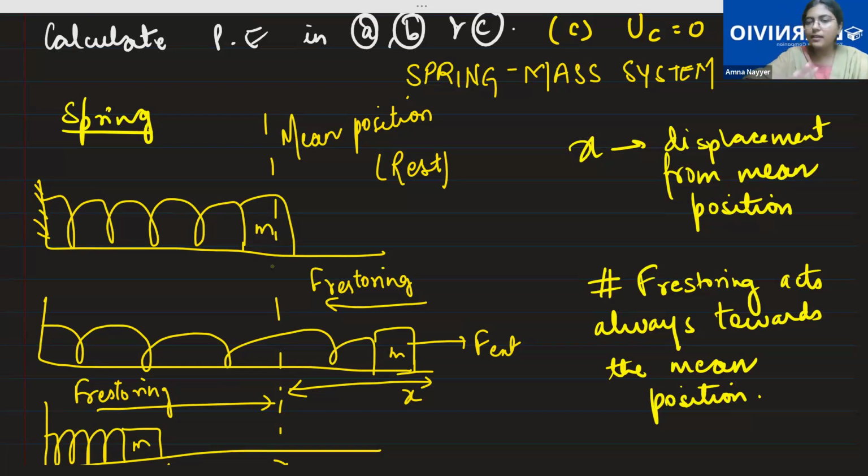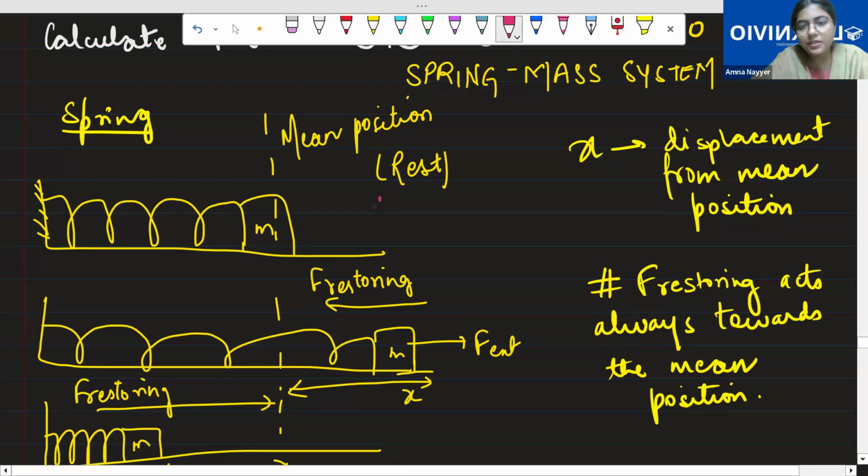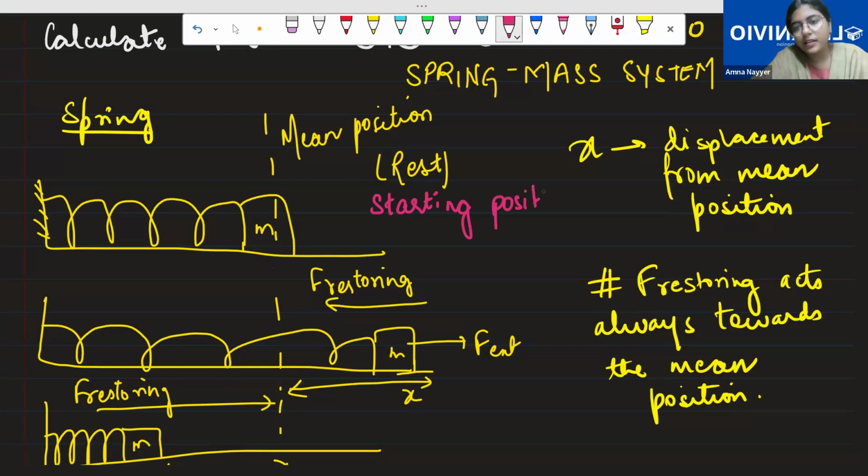See, you have a spring and a mass connected. Now, whenever you have any system at its resting position, meaning its starting position, this is known as the mean position.